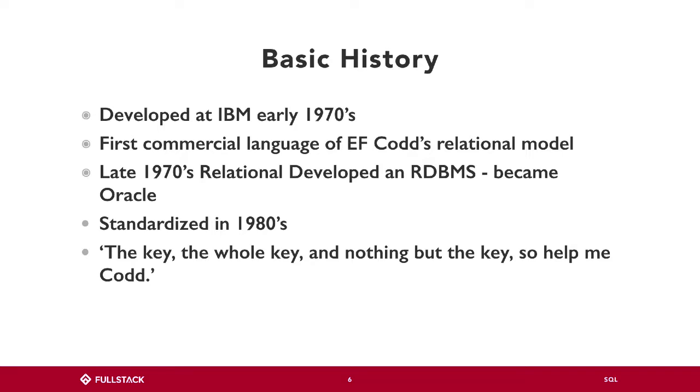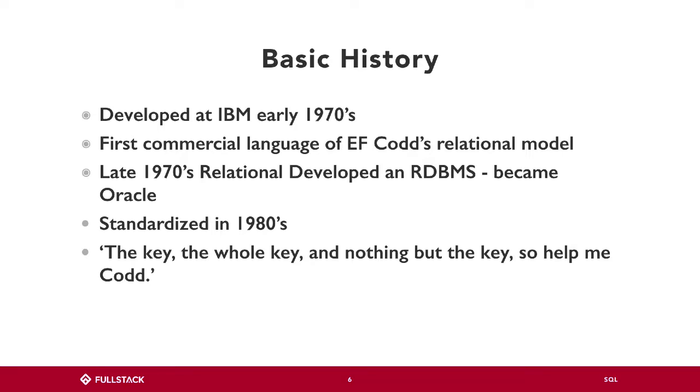He described it. This gets developed at IBM based on E.F. Codd's relational model. Later on in the 70s, there's a company called Relational, and they developed an RDBMS. They ended up becoming Oracle. That was the first really big player in this.